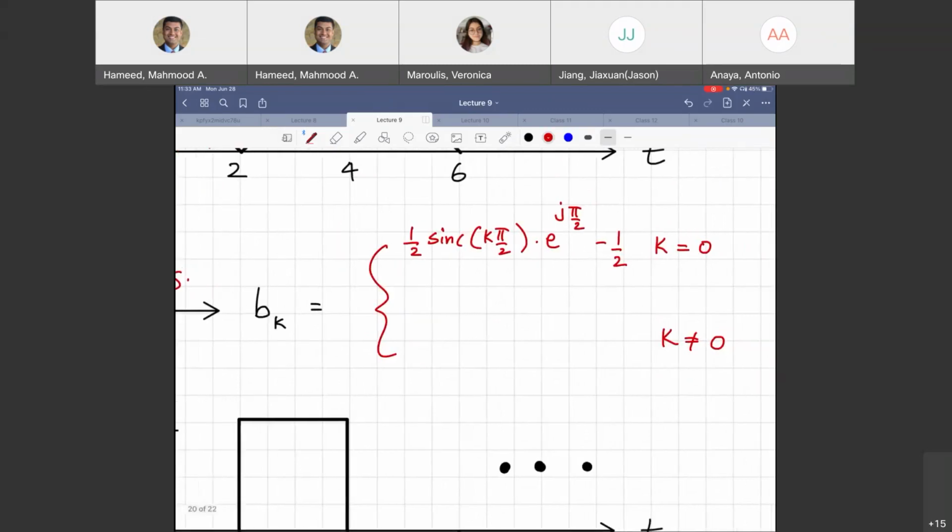Next, when k is not equal to 0, what is it? Simply half sinc k pi over 2 multiplied by e to the j pi over 2. Done. Yeah. Good. I can do that. Sure. When I have k equals 0, what happens?